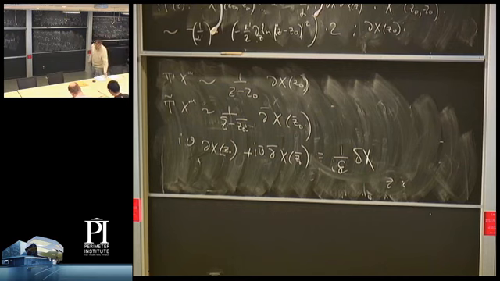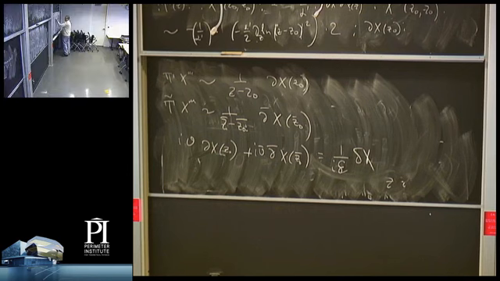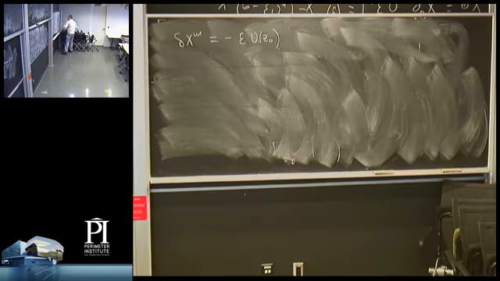So what we discovered is that this very mysterious new current that we constructed produces a symmetry transformation of the following type.